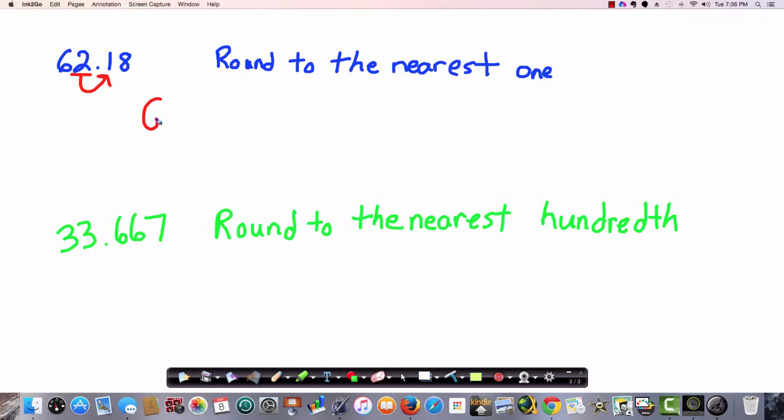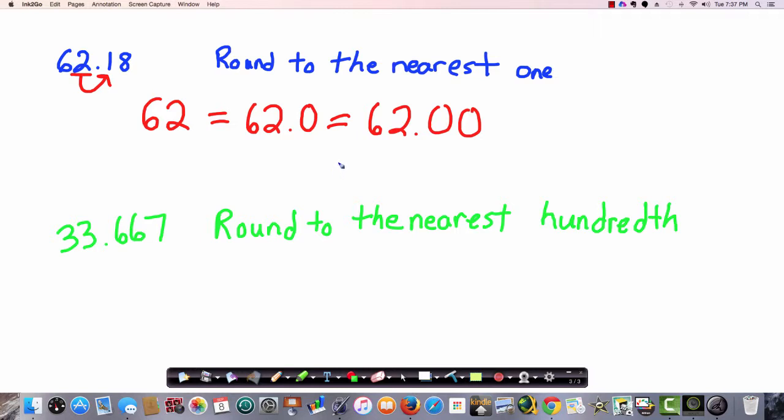So I'm going to put 62 here. I could also write it as 62 like this. Or if I wanted a 0 for every number, I could do it like this. Okay? All right, great. So we've tried one on our own.